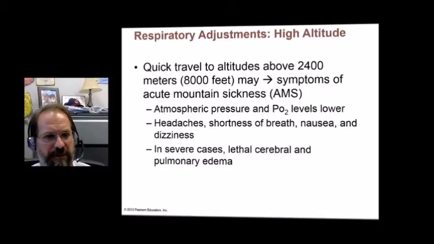They mention here that travel above 2,400 meters can lead to acute mountain sickness, which is just a cadre of symptoms related to basically hypoxia: headaches, shortness of breath, nausea, and dizziness. As a result of extreme vasodilation in response to hypoxia, you can actually wind up having the capillaries become too leaky and you get edema, which could be lethal.